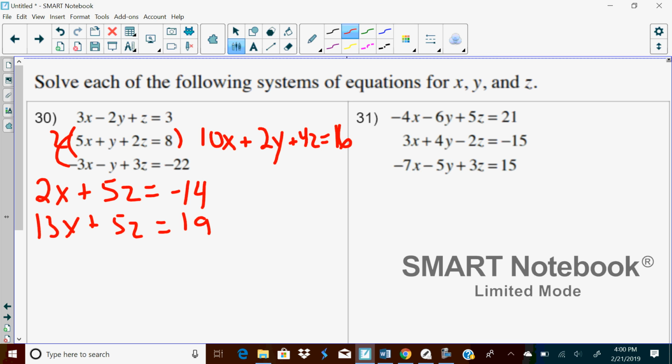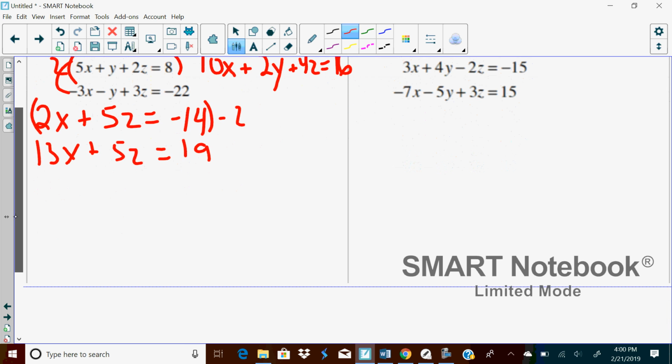So the next thing I did was I multiplied the top one by -2. So I got to get rid of, and I'm not going to do all of these. I'm just going to do this first one, and then I'll just give you the answers to the other ones. So the top one I multiplied by a -1 so I can cancel out the z's.